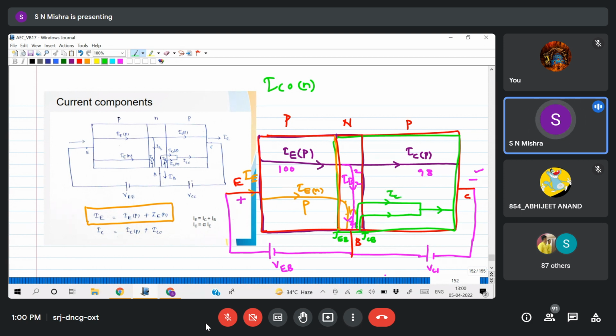So ICO due to electron, ICO due to hole, both combiningly I can say ICO. ICO means this is the leakage current because this is the minority current. So IC is equals to this current plus this current. So total IC equals to ICO due to P or holes which are coming from emitter to collector, and another current component which is due to the minority current in the collector base junction. Is it clear?